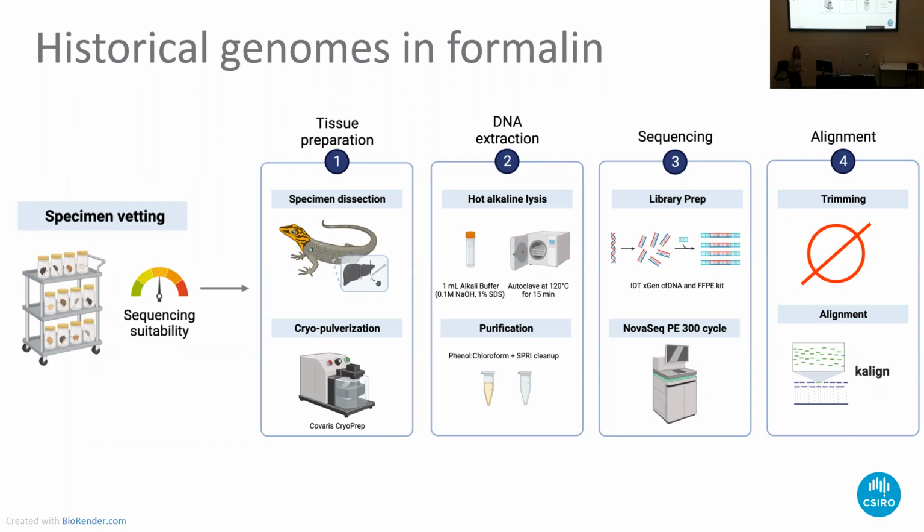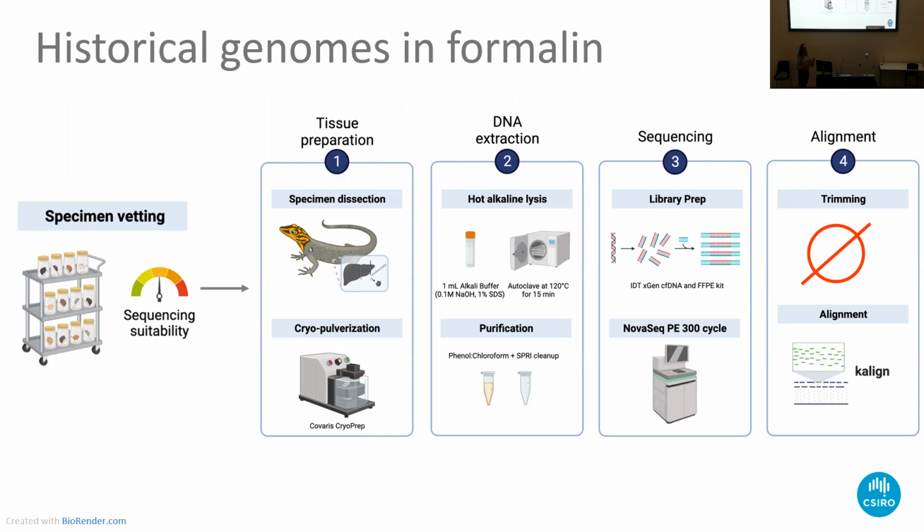We also want to avoid specimens that have been fixed in preservatives that really do degrade DNA, like formalin with acetic acid. So we had a system where we can go in, take a look at the specimen, take little sips of the media, and then guide ourselves towards those specimens that are going to be most useful. We then put it through a process of DNA extraction, which is modified to contend with that really heavy fixation.